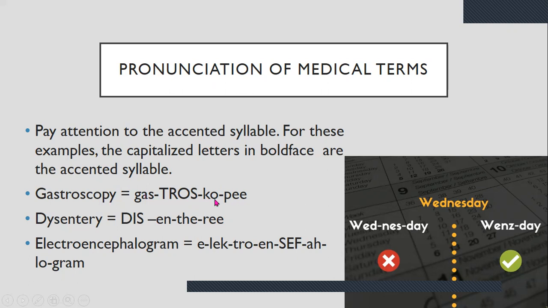Gastroscopy. Okay. This one we have 1, 2, 3 dashes again, which means we're going to have 4 syllables. 1, 2, 3, 4. The dis is in all caps. So dysentery. Dysentery.